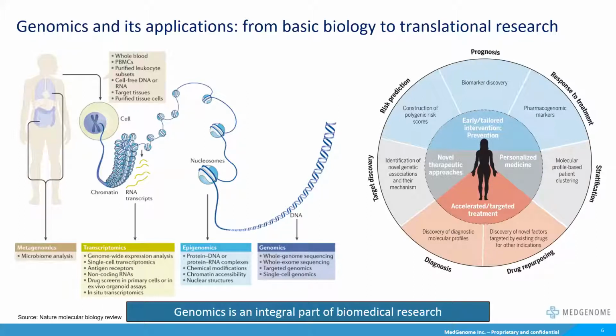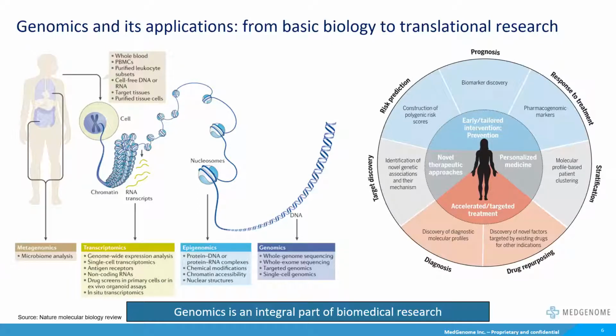You can look at transcriptomic data, which is a big focus of our talk today, with genome-wide expression analyses, single-cell transcriptomics, as well as in situ transcriptomics. And then you can also look at the gut or the microbiome analysis and analyze how the microbiome might also be impacted. This is all possible through a whole range of different tissue types. It can be whole blood, PBMCs, it can be cell-free DNA, target tissues, or even purified cells, tissue cells.